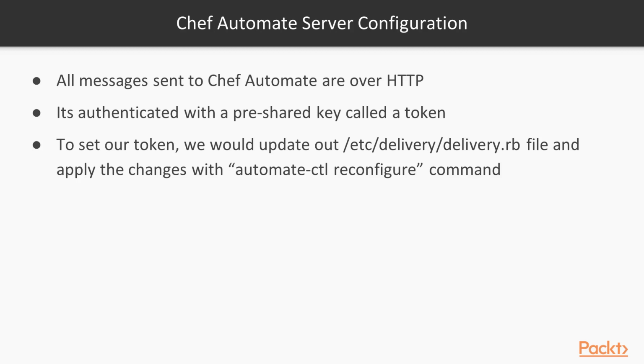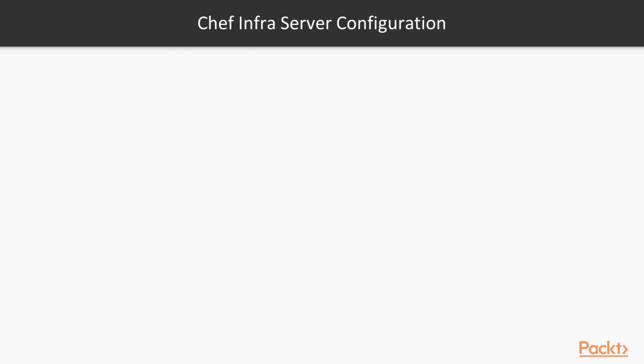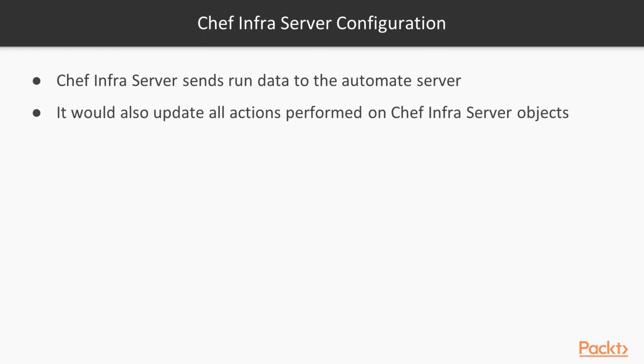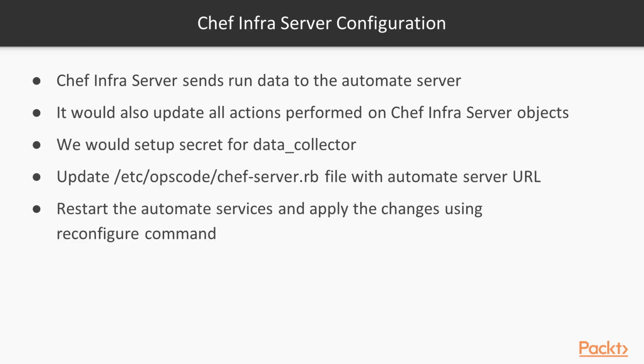Once we have done this setting on the Automate server, we'll move to the Infra server, where we will set up the secret for the data collector, and update the chef-server.rb file with Automate server's URL. We would apply these two changes on the Infra server by restarting a few of the services and running the reconfigure command. So now let's go to our console and see how exactly we do this.